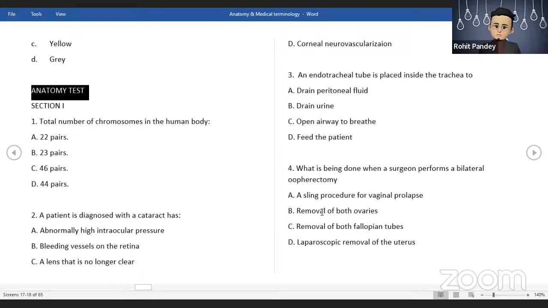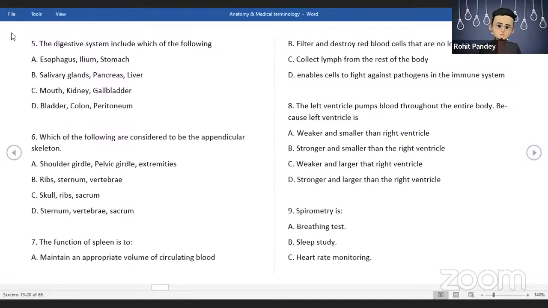Today when I was teaching you about the reproductive system, in word roots we use oophor, which means ovary. Ectomy is removal, and bilateral means both. So bilateral oophorectomy is removal of both ovaries. Ectomy is removal, cut and removed.